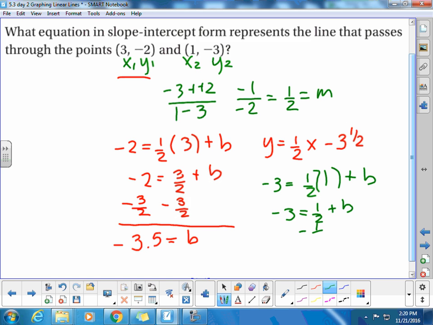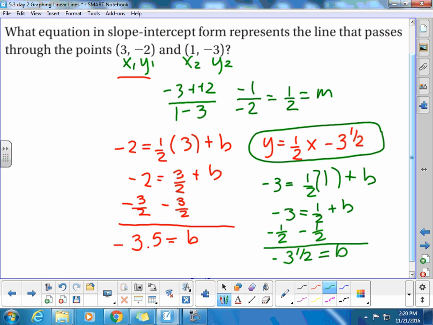So I have to subtract this 1/2. Negative 3 minus 1/2 is negative 3.5 equals b. So I would have still gotten b equals negative 3.5, and then I would have gone back in and plugged in the numbers just like we did here. So you get the same equation. It doesn't matter which point you use. You can use either one, whichever one you want.